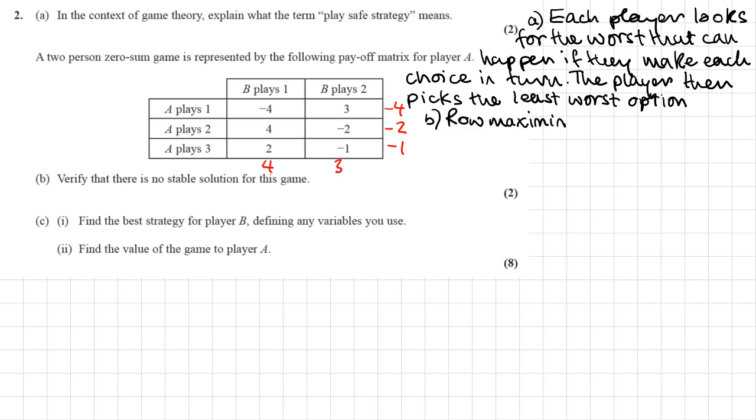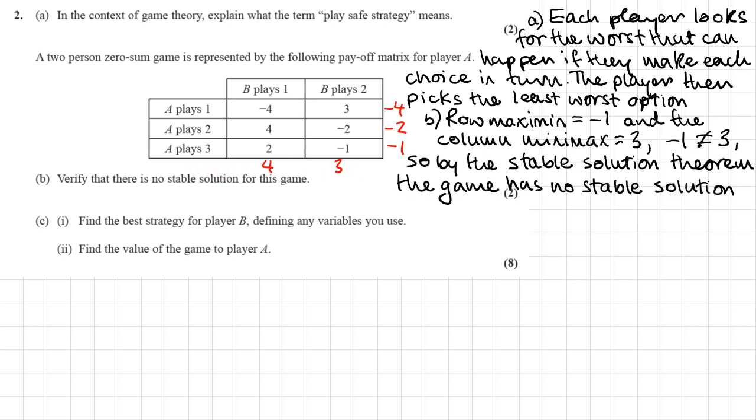And so we'll start with the row maximum. So the maximum minimum is going to be -1. And then the column minimax, so the minimum maximum, is 3. Now, since -1 is not equal to 3, in other words, the row maximum is not equal to the column minimax, by the stable solution theorem, the game has no stable solution.